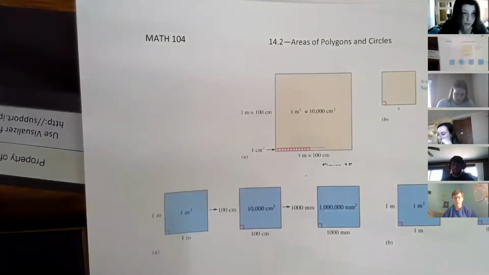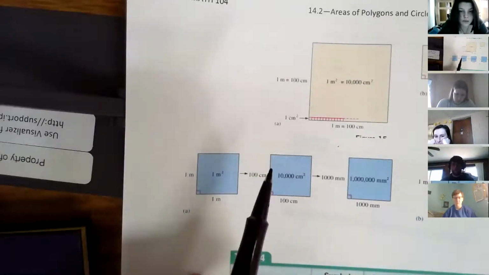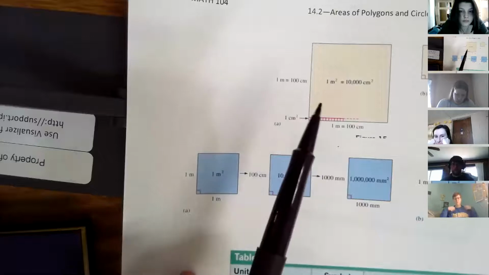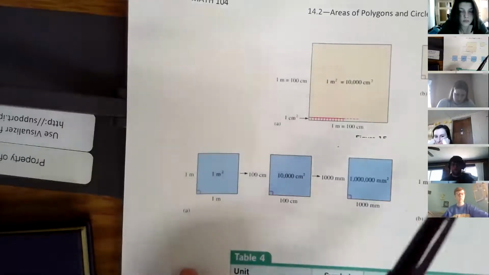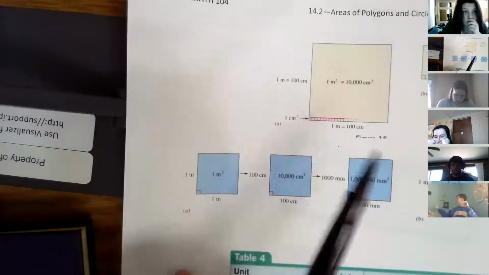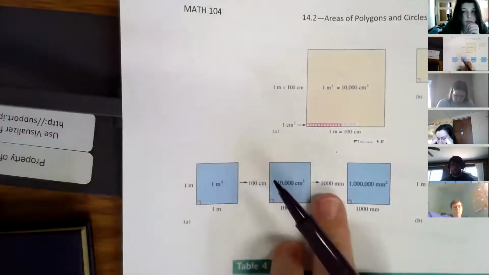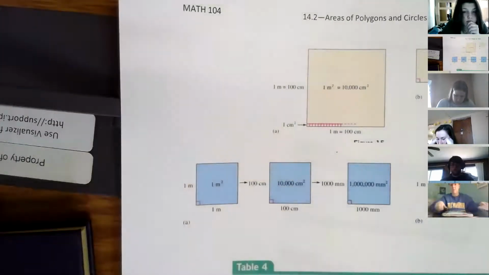So you can do this in 2 steps. You can do the conversion by multiplying by 10 to the 4th power for meters to centimeters, or you can do the conversion by each unit individually. This is how I like to do it: I convert each side individually.